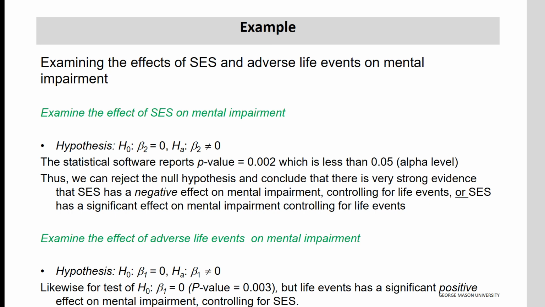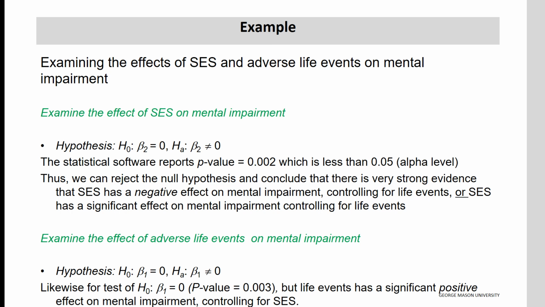Let's suppose that we do the analysis and the statistical software reports a p-value of 0.002, which is obviously less than alpha. This means that we can reject the null hypothesis and conclude that there is very strong evidence that SES has a negative effect on mental impairment, controlling for life events, or that SES has a significant effect on mental impairment, controlling for life events.